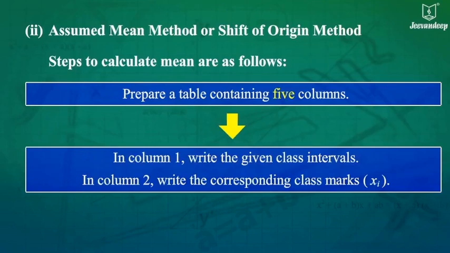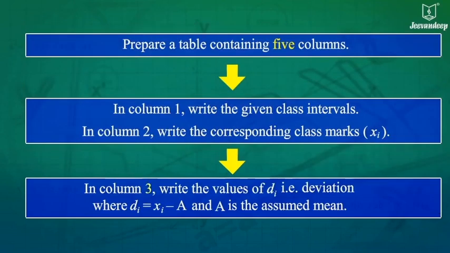In column 2, write the corresponding class marks, that is xi. In column 3, write the values of di, that is deviation, where di equals xi minus a and a is the assumed mean.